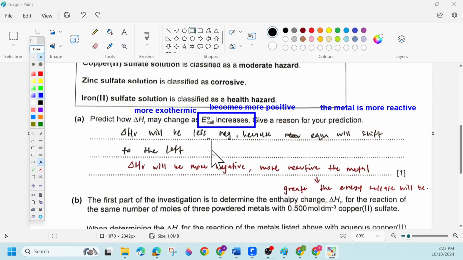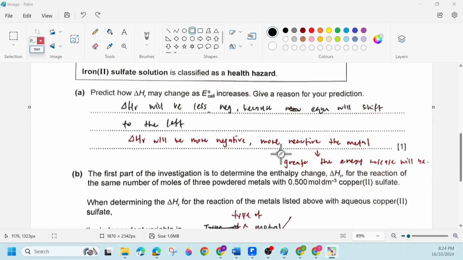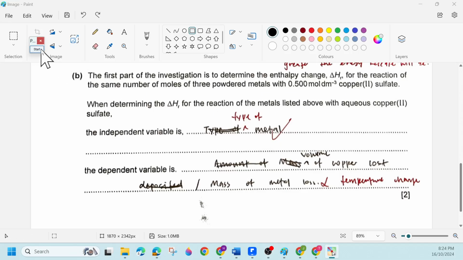Therefore, what you need to write here is that as the E cell increases, delta H will be more exothermic, the metal is more reactive. Because that's the idea behind it all. Okay. Next part.